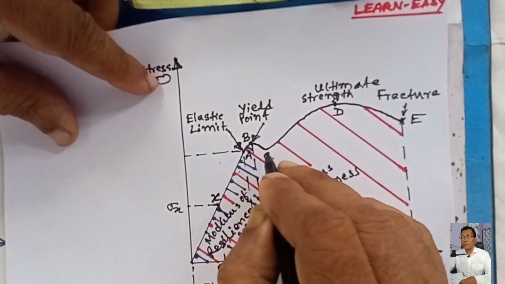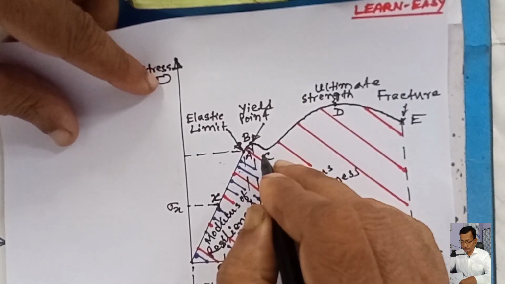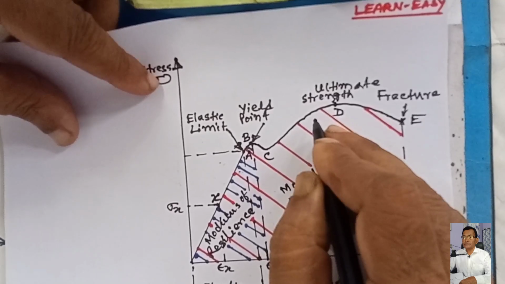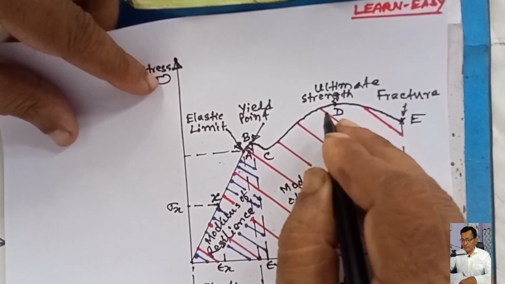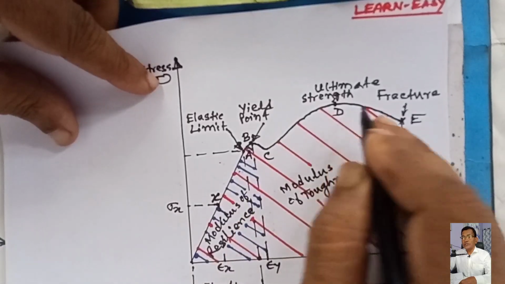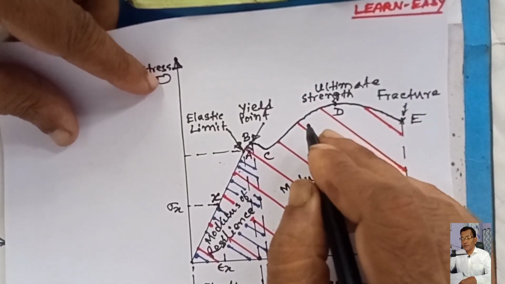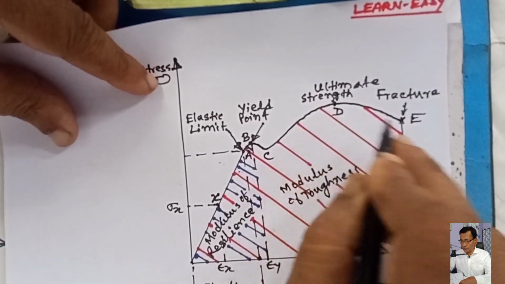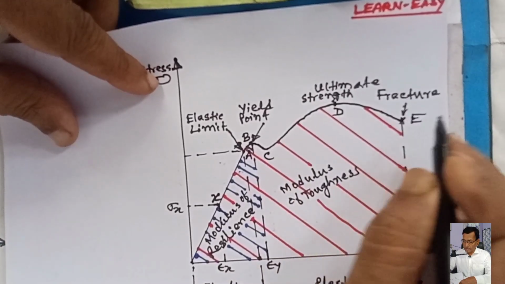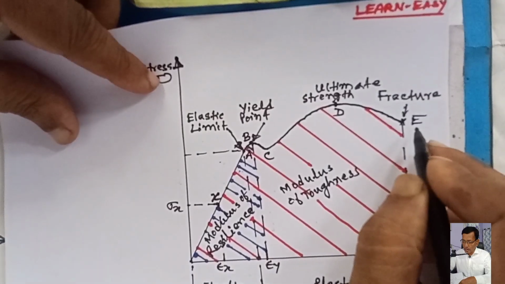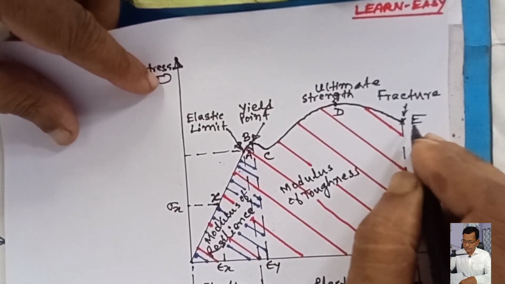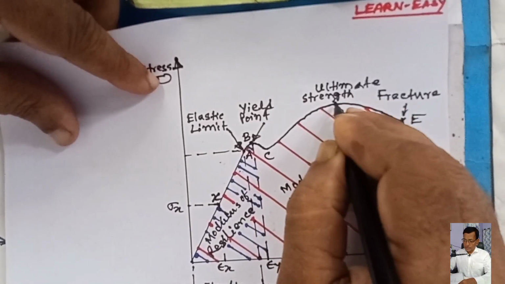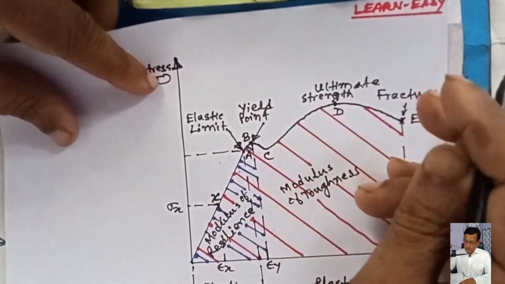This continues up to point C. From C to D, strain increases at a higher rate compared to the increase of stress. Again, from D to E, strain increases with lower stress. Finally, at E, the material fractures. So, E is the fracture point. And this point D is called ultimate strength.